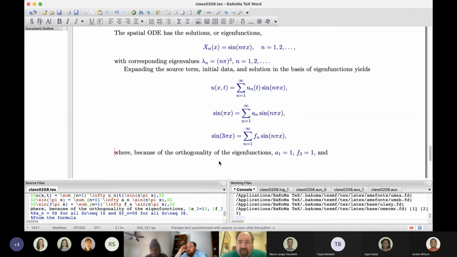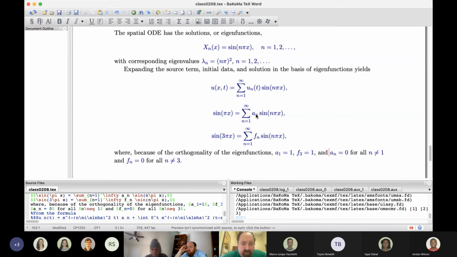So what we get is a_1 is equal to 1, because that will give you sine pi x, and then all other a's will be 0. Similarly for f of x, when n equals 3, we have f_3 is equal to 1, and all other f's will be equal to 0.